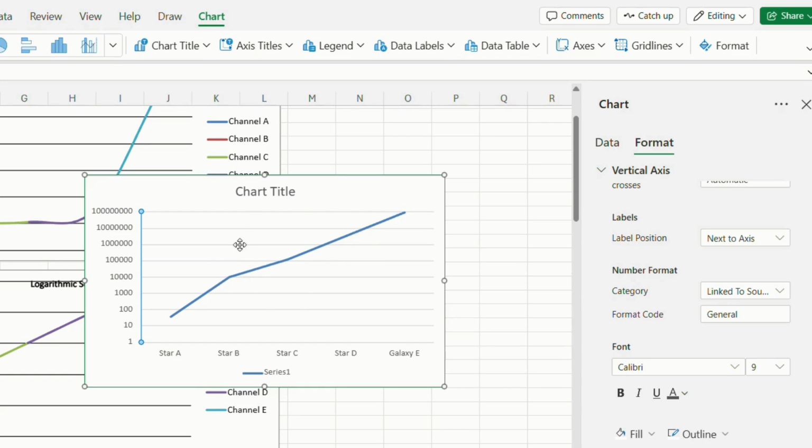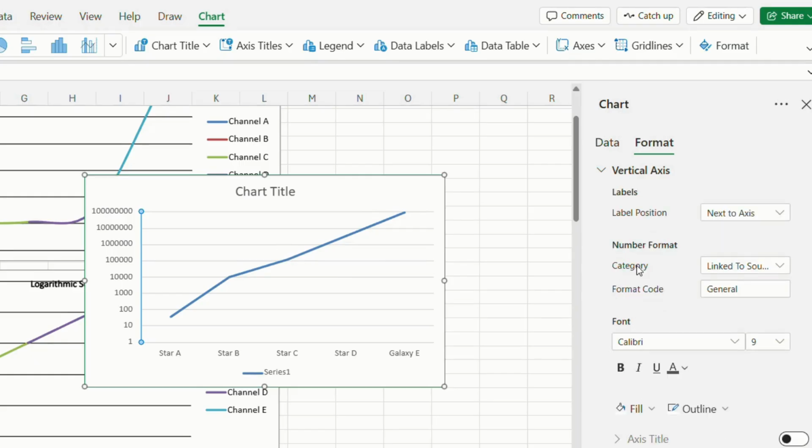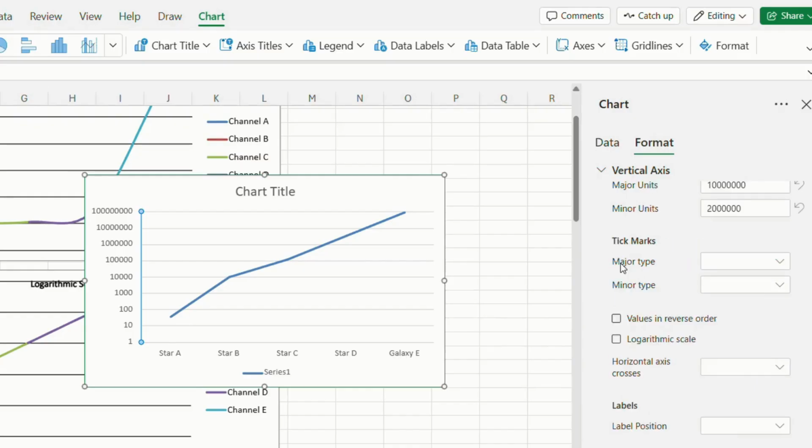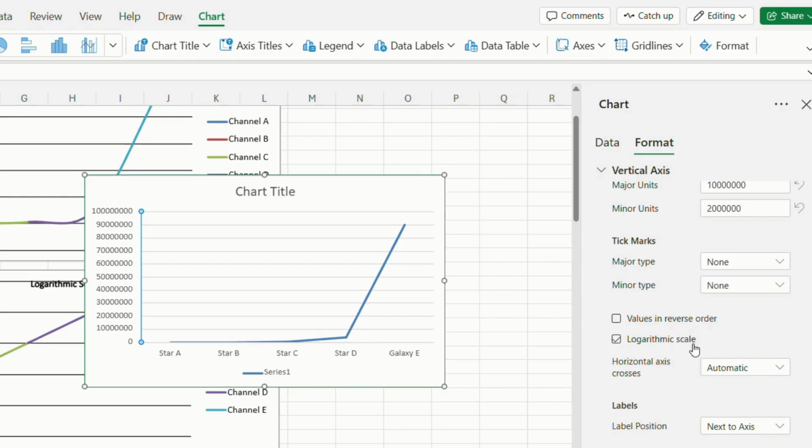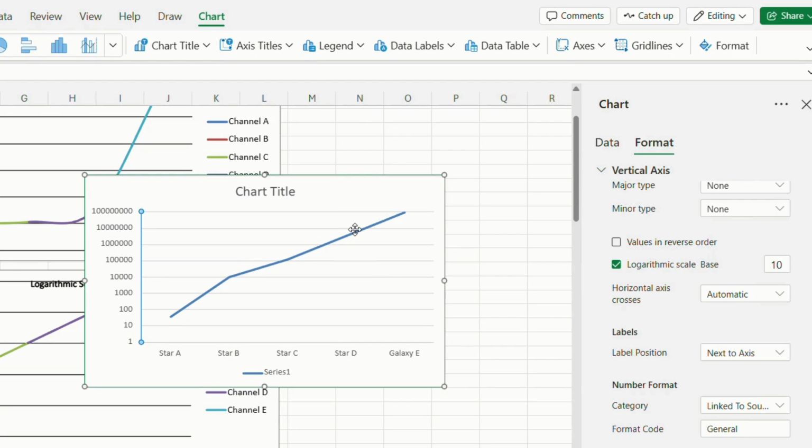These values are not showing any significance, because if I take out the logarithmic scale, these smaller values show as insignificant, not easy to compare with the galaxy, but with the log scale it is easy to compare.